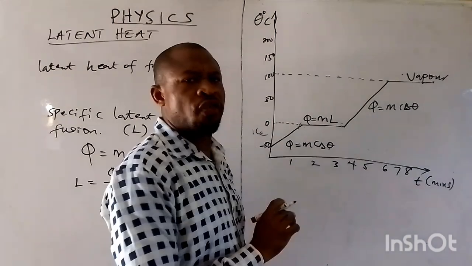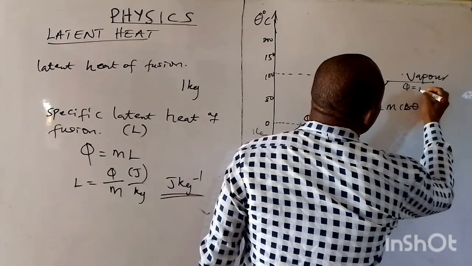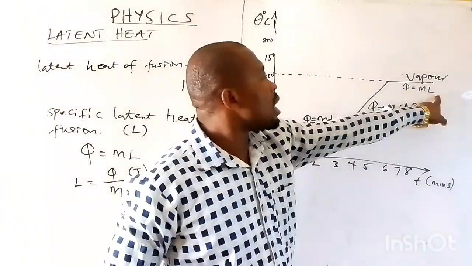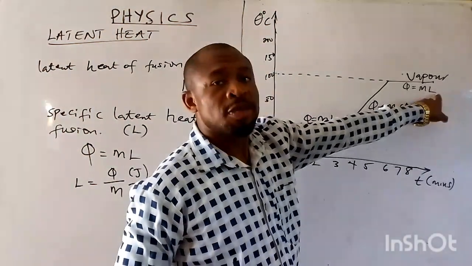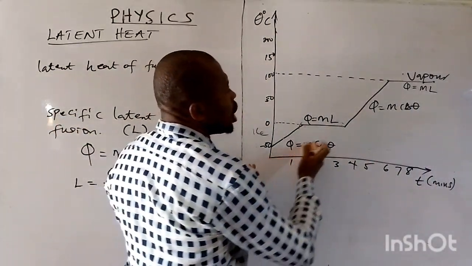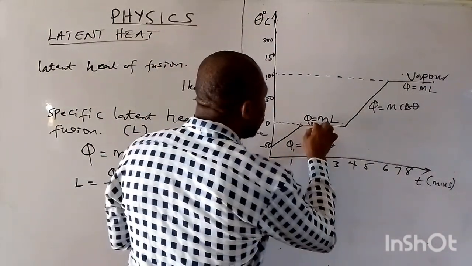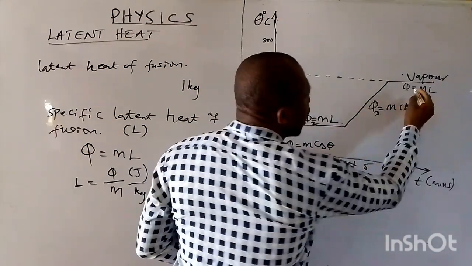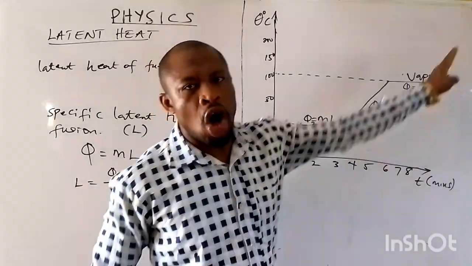Now, when it turns to vapor, Q gives us ML, where L here is the specific latent heat of vaporization of steam. Now, the entire heat altogether: we can have Q2, Q3, and Q4.